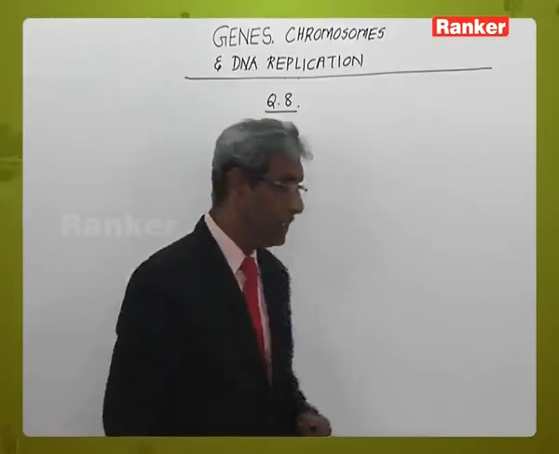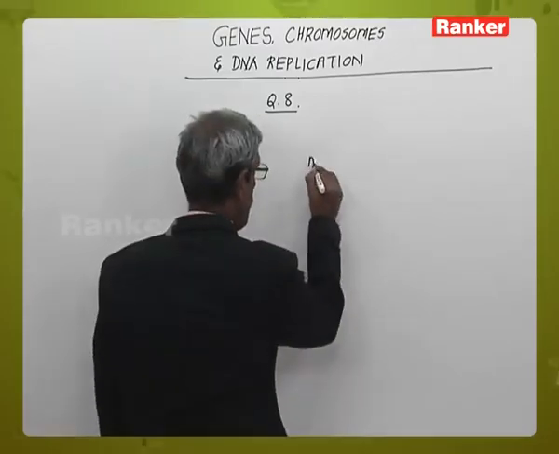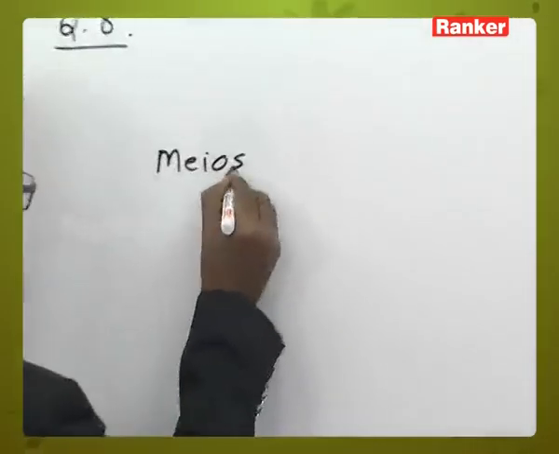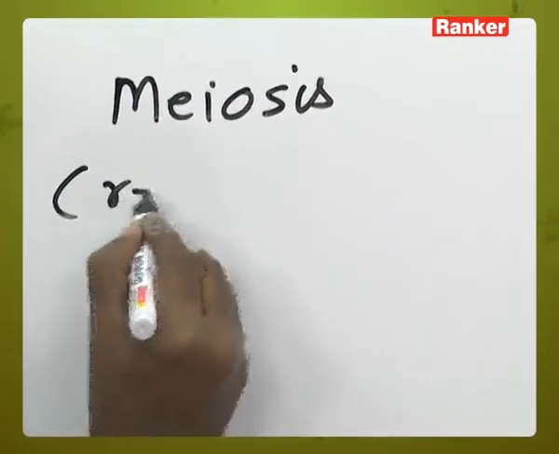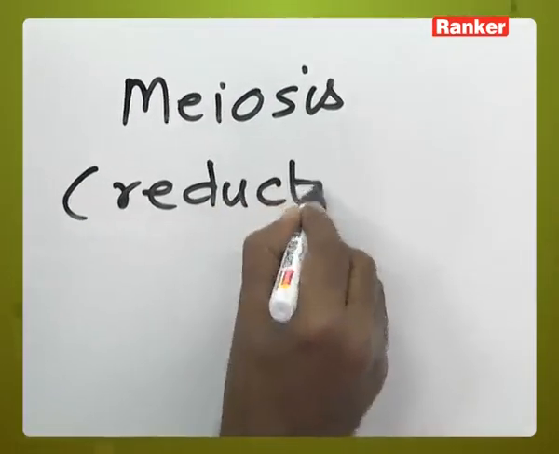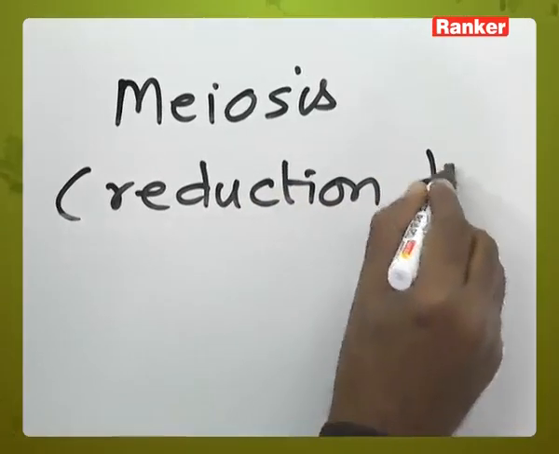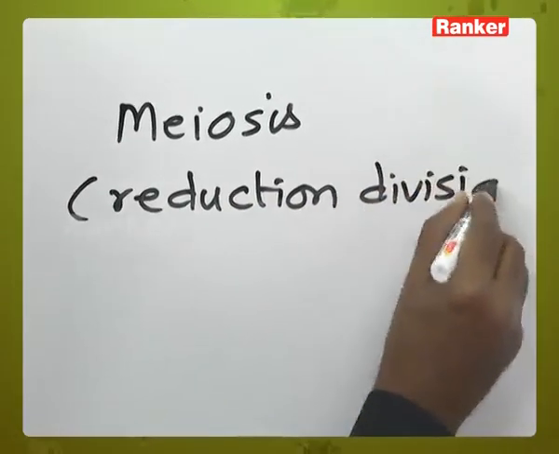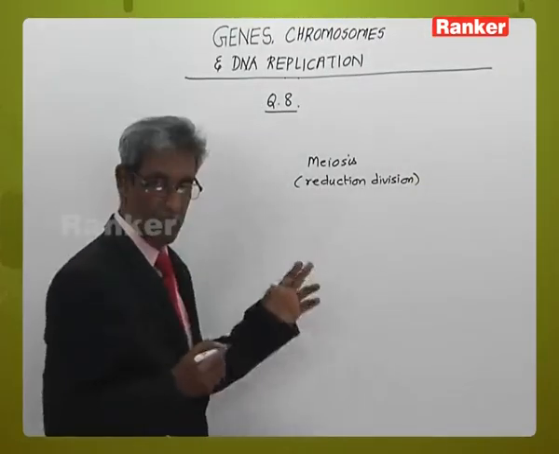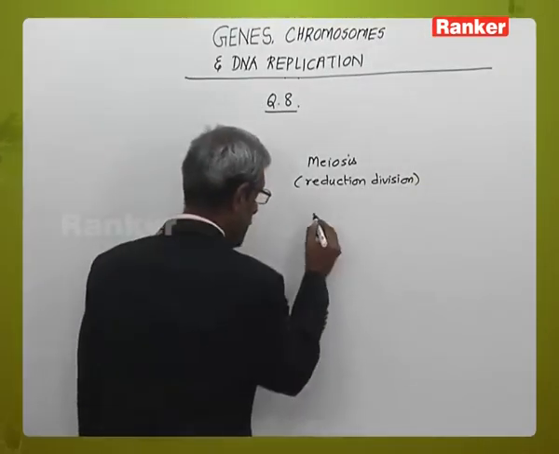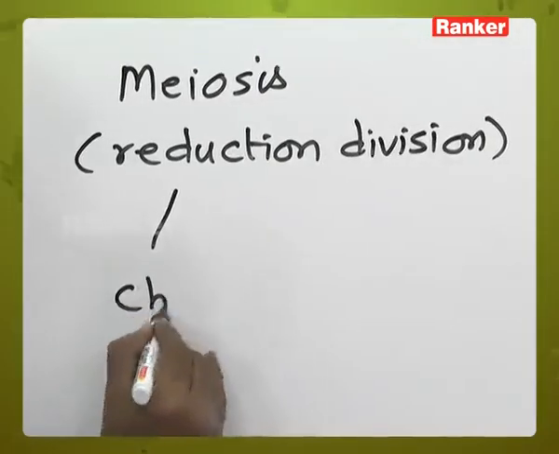Whenever we take meiosis, meiosis is also termed as reduction division. During reduction division of meiosis, there is reduction in the chromosome number.